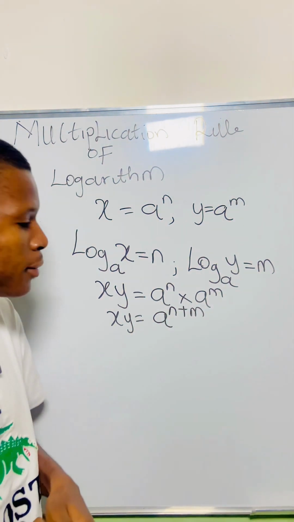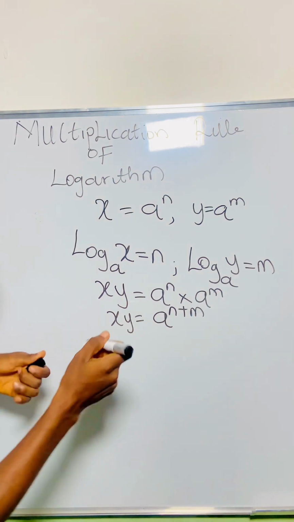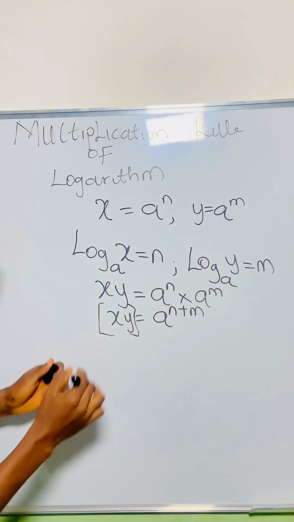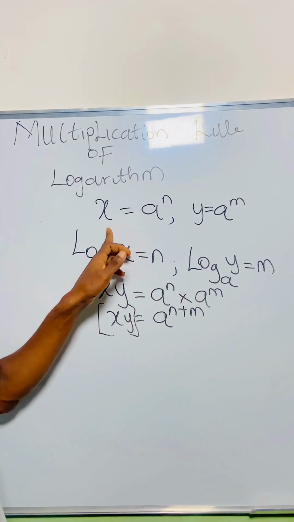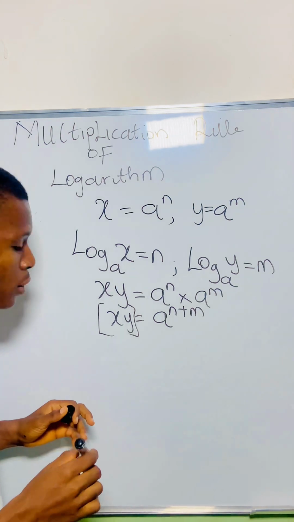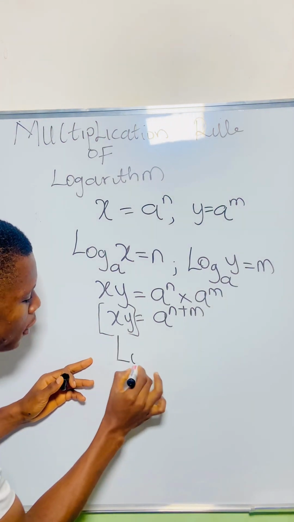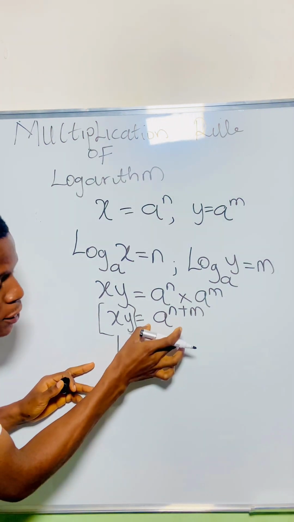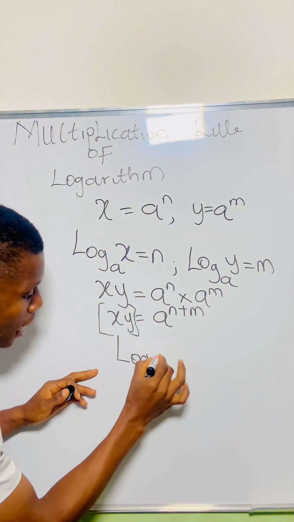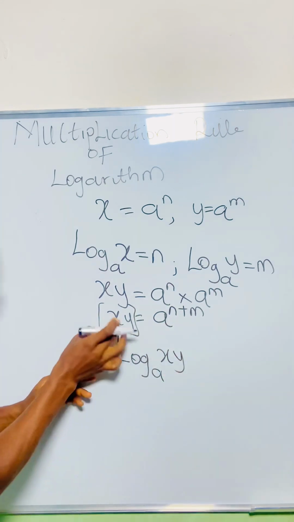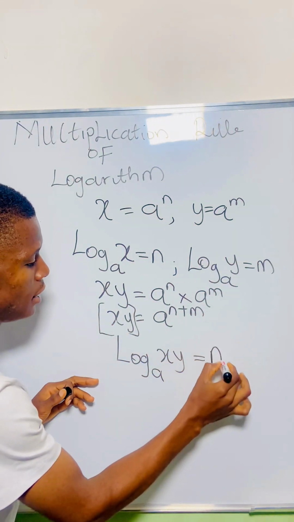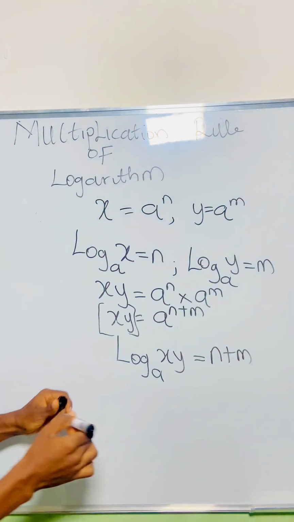Okay? So at this point, you can see that this xy, we can call it a singular term as we do here. So to put this back in its logarithm form, we have logarithm, the base still remaining the same, a, of xy. In its logarithm form, that should give us n plus m.